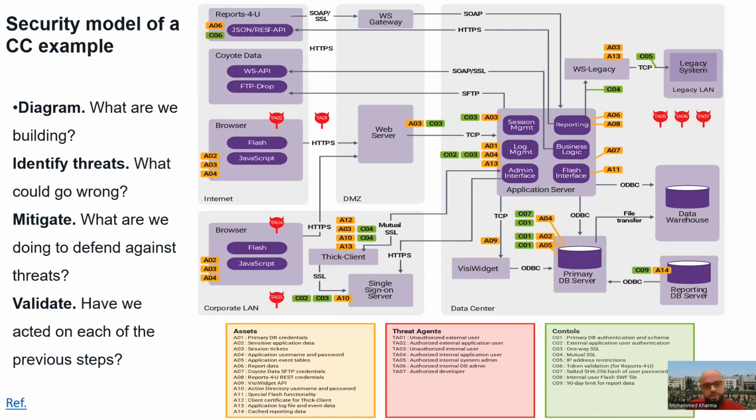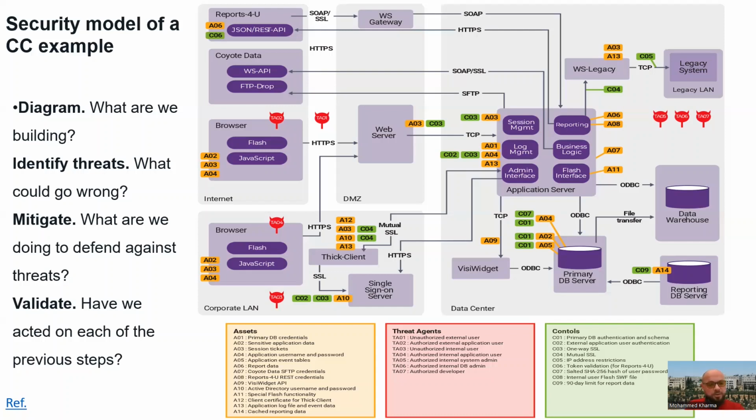This is usually depicted through a diagram. For example, we are building a web server connected with a database and hosted over an application server, or connected with end clients through their agents or browsers.